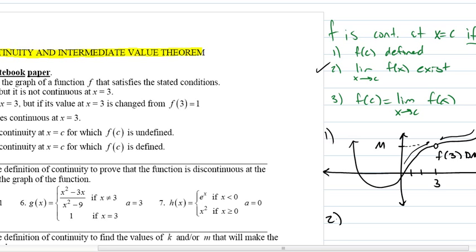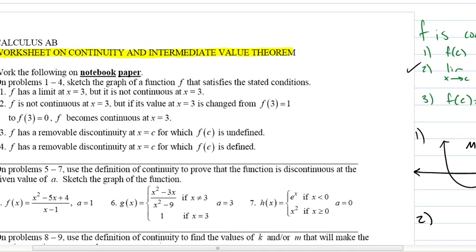Number 2: f is not continuous at x equals 3, but if its value at x equals 3 is changed from f of 3 equals 1 to f of 3 equals 0, f becomes continuous. So here we have an example where the function was not continuous at x equals 3, but if its value was changed, it would become continuous.